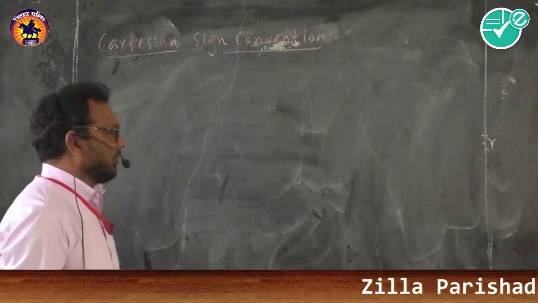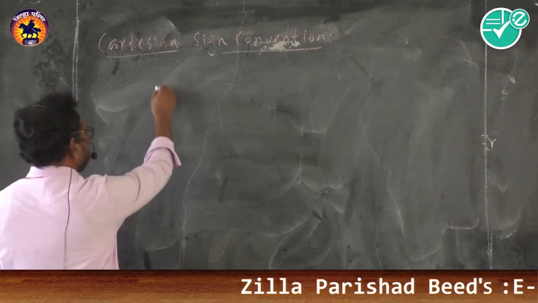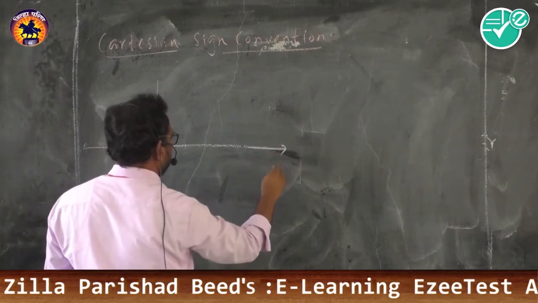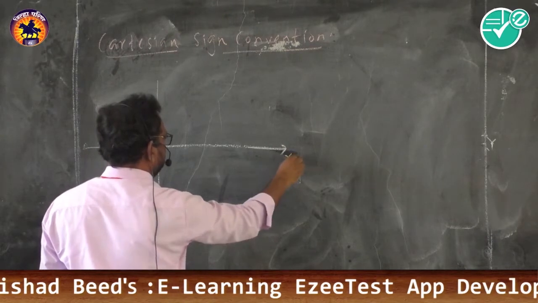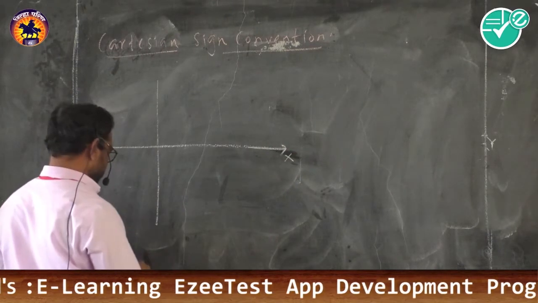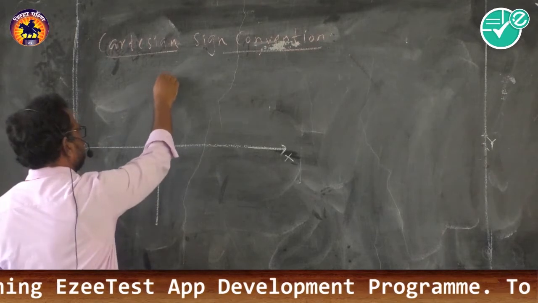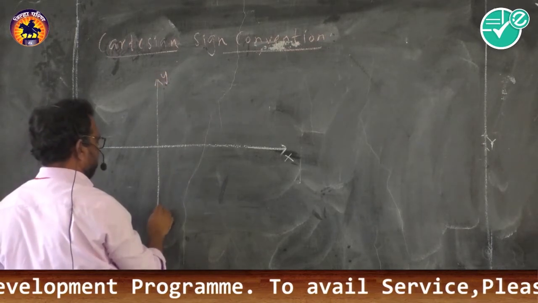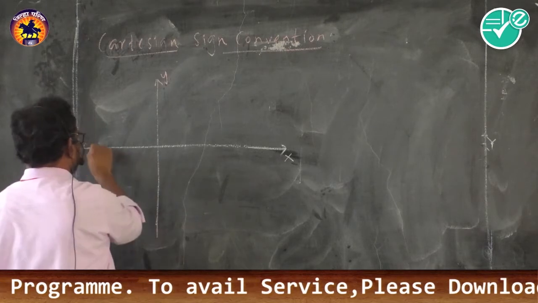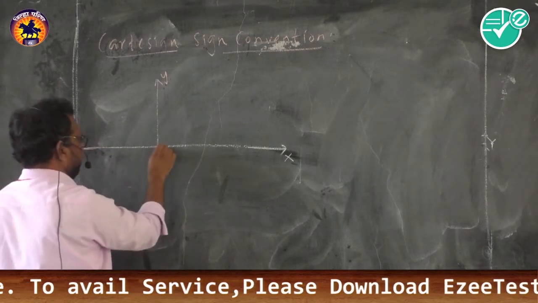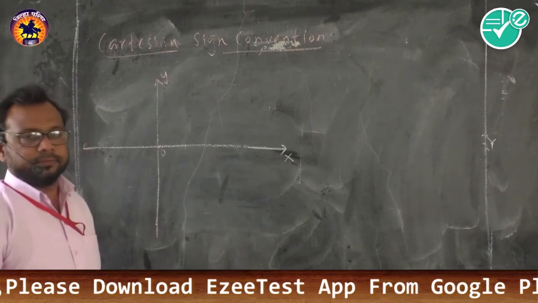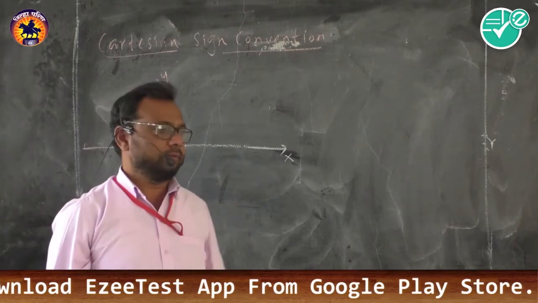While drawing the graphs, we use two lines perpendicular to each other. The horizontal line we call the x-axis, and the vertical line we call the y-axis, and the point of intersection of these two lines we call the origin. Always the origin is taken to be 0.